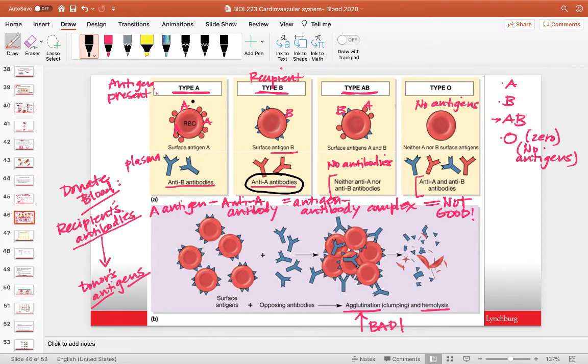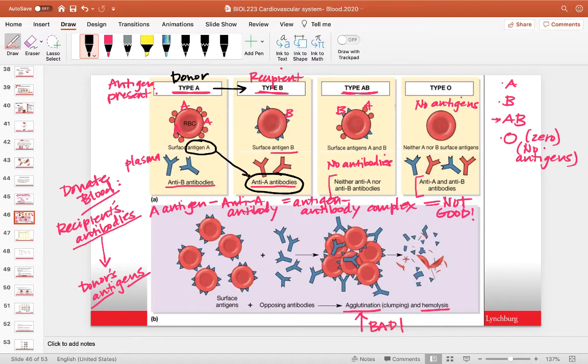Okay, now let's say this blood type here is our donor. Type A blood is our donor. Could we give type A blood to type B blood? Well, let's look and see. The donor's antigens are what's important here. So this donor, type A blood, is going to have antigen A on its red blood cells.